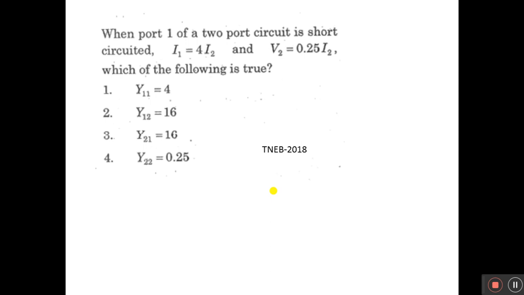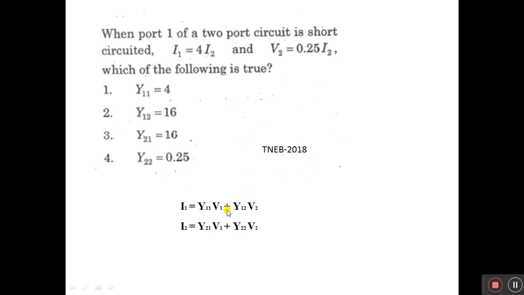So you can take the Y parameter equations first. The condition given is that port 1 of the 2-port circuit is short circuited. If port 1 is short circuited, it means V1 equals 0. If V1 equals 0, definitely the answer does not belong to Y11 and Y21. Maybe Y12 or Y22.